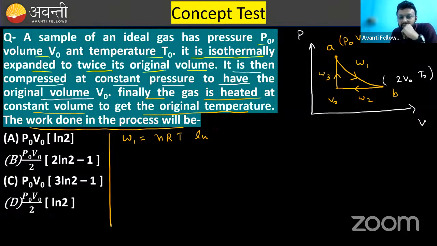V2 by V1 means final volume divided by initial volume. Final volume is 2V naught, initial volume is V naught. If you divide these two terms, you will get 2.